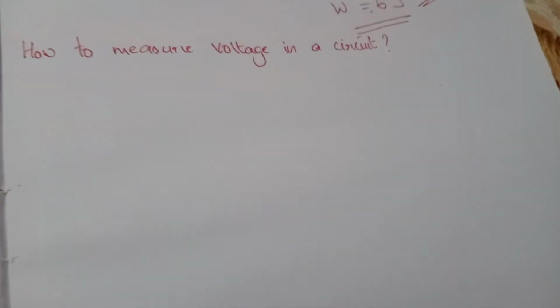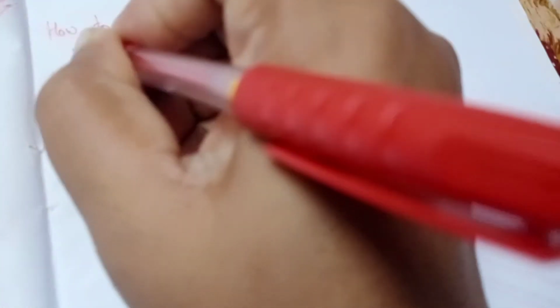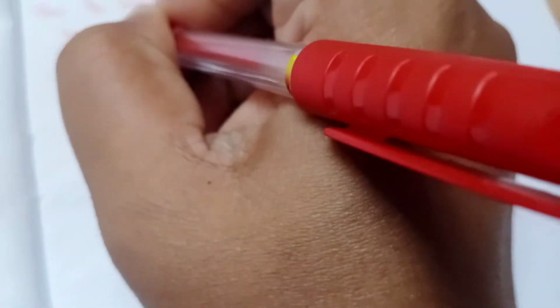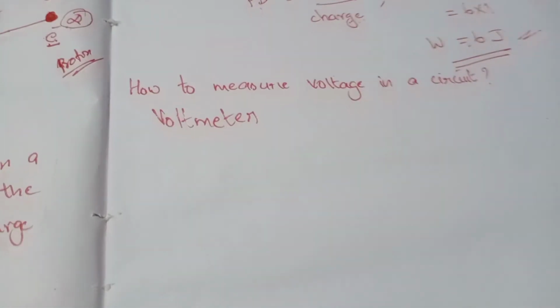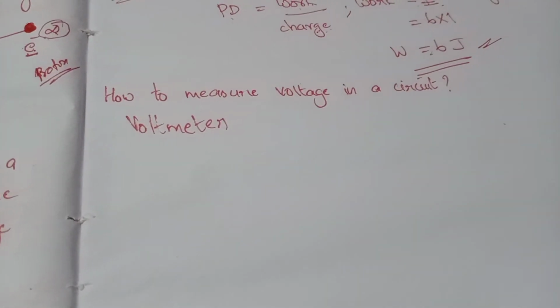Just as we have an ammeter to measure current, we have another device called a voltmeter, V-O-L-T-M-E-T-E-R, which is used to measure the voltage present in a circuit.